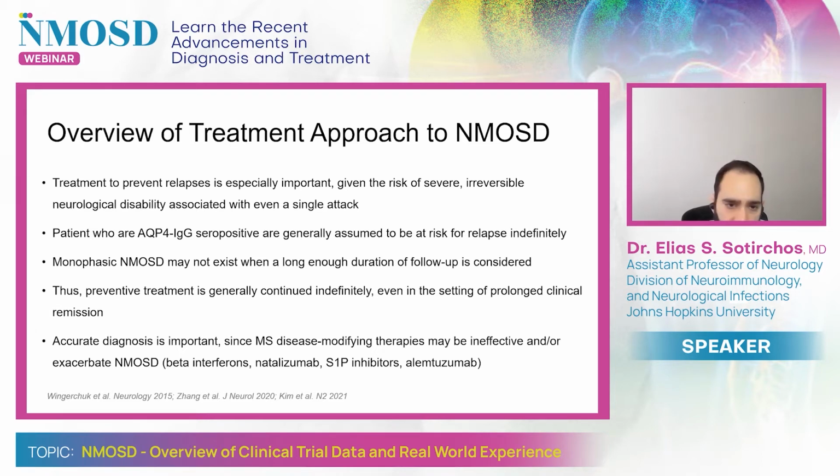Drugs such as beta interferons, natalizumab, sphingosine-1 phosphate inhibitors such as fingolimod and the other medications in that class, as well as alemtuzumab, have been reported in a number of studies to potentially increase the risk of relapse in neuromyelitis optica spectrum disorder.